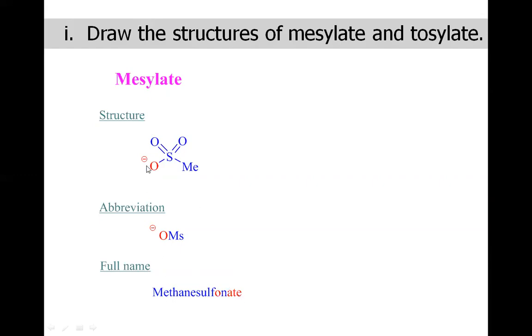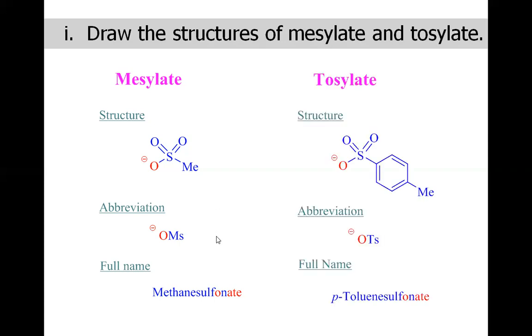And remember, if we have OH here rather than the O negative ion, that is, when we have the conjugate acid of this mesylate, it will be called methane sulfonic acid or mesic acid. As for the tosylate, you could simply compare the structure of mesylate and tosylate.